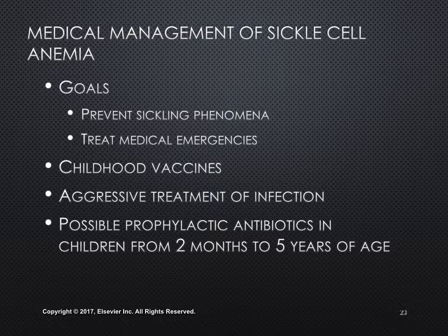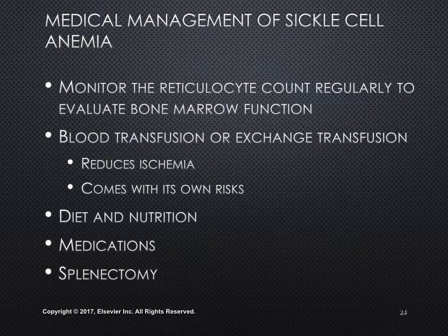And then because their immunity is affected as well, we often will give them prophylactic antibiotics from age 2 months to 5 years of age. We're going to monitor their reticulocyte count regularly to evaluate their bone marrow function. So if you think about it, your reticulocyte count is how we determine whether or not you're making new red blood cells or not.